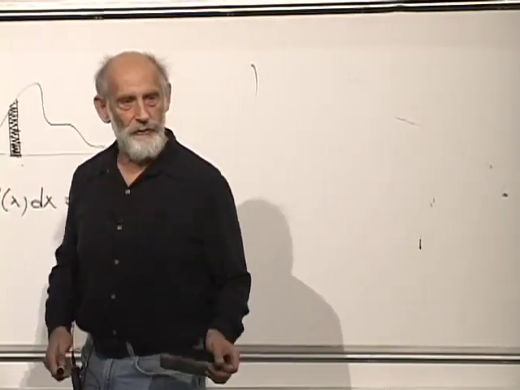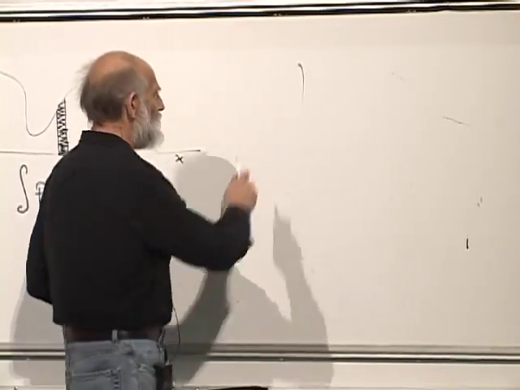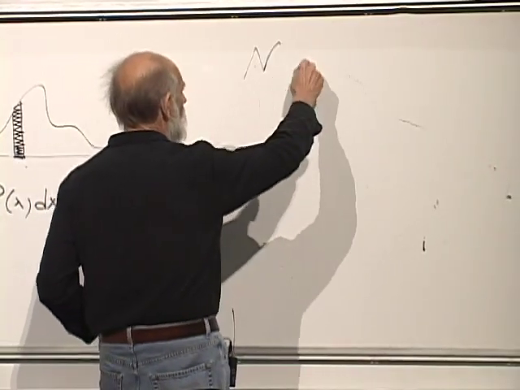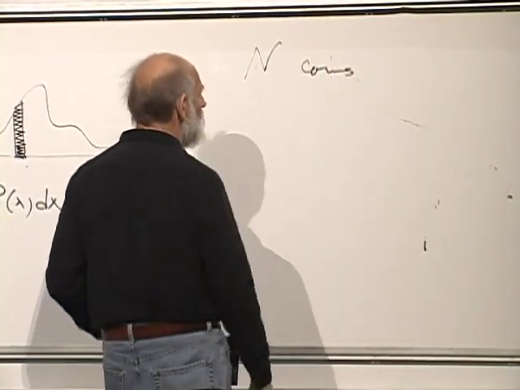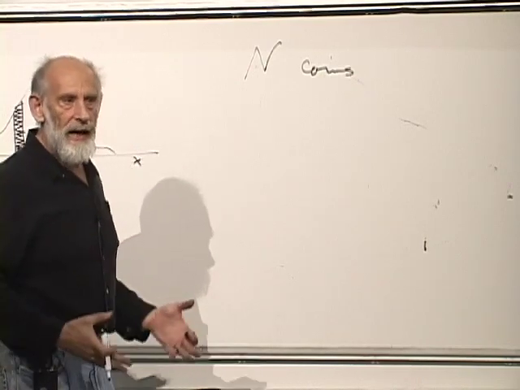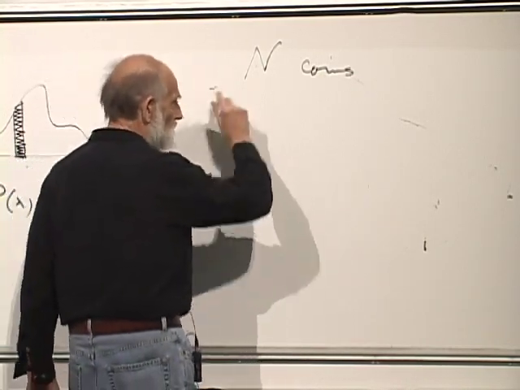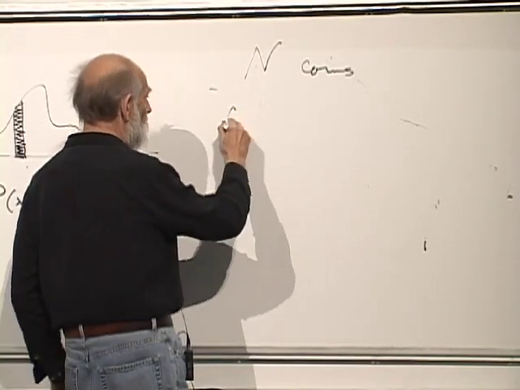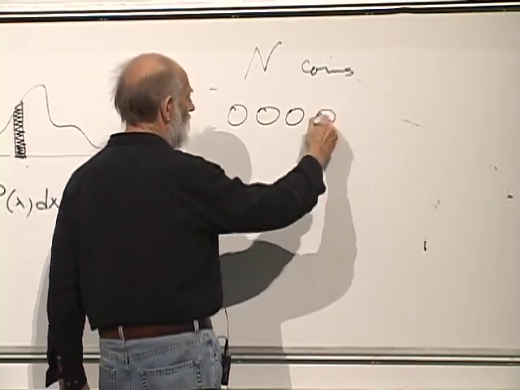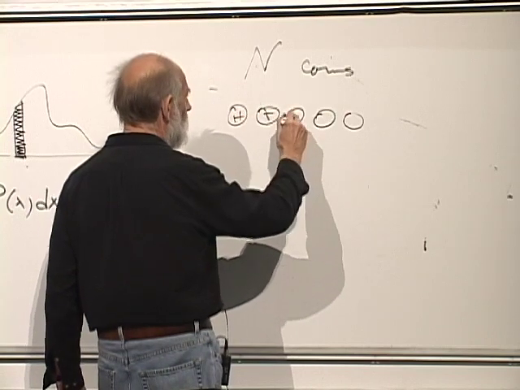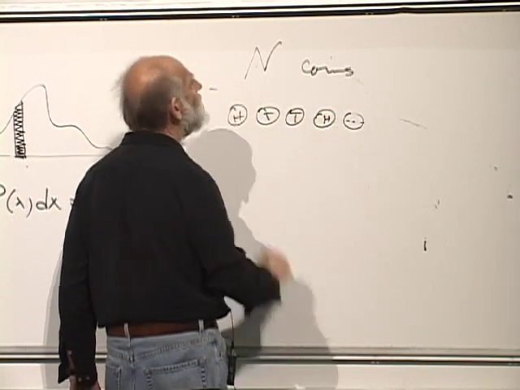Supposing I have a bunch of coins. N coins, big N coins, each of which can be heads or tails. That's my system. My system is not a single coin. My system is N coins. Heads, tails, heads, and so forth.